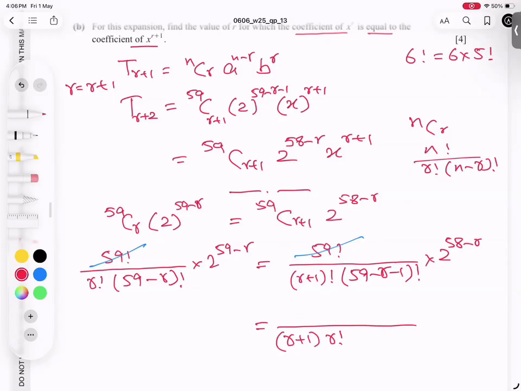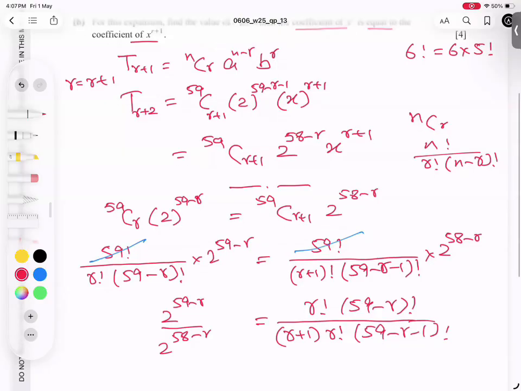So here, I will bring the left side to the right side. I mean, this value I will bring to the other side: 2 to the power 59 minus r over 2 to the power 58 minus r. So I'm bringing here r factorial into 59 minus r factorial, and here 59 minus r minus 1 factorial.